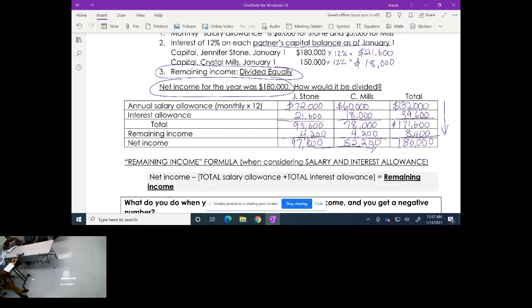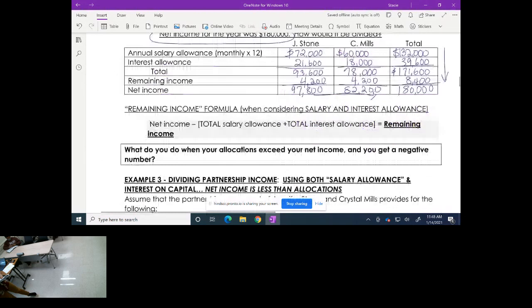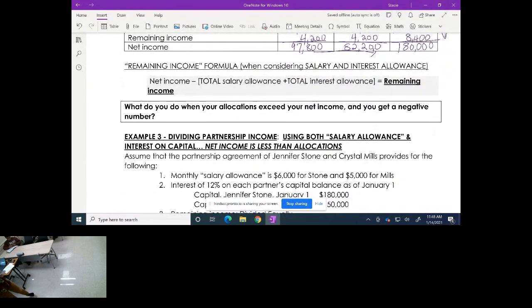How much was allocated to Crystal Mills? How much was her net income? It'd be 82.2. That make sense? And if you get to doing these and you have no idea what it's asking because it doesn't sound the same as what we did in class, I'm trying to remember how they're worded so that you are looking for that. All right, so there's your remaining income formula when you have the two elements that you're using to allocate.